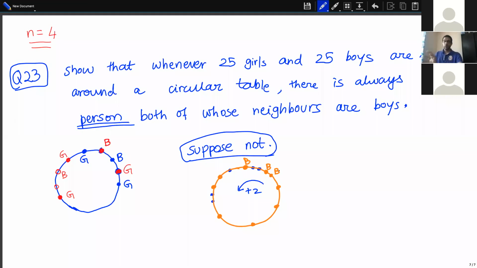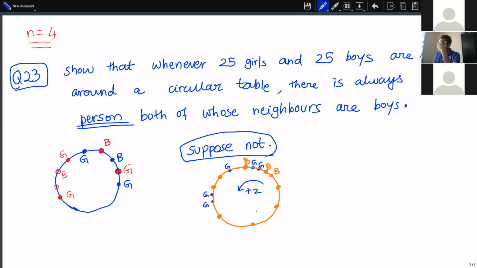So if you know where all the boys are sitting, 2 steps rotated anti-clockwise from there, there must necessarily be a girl. That sort of forces where the girls are sitting.